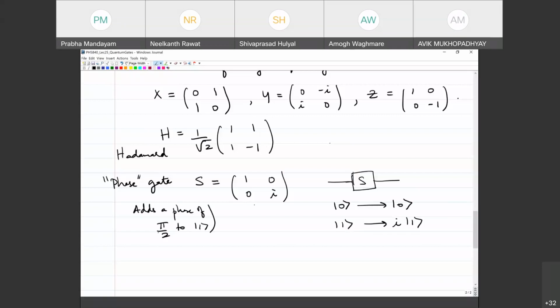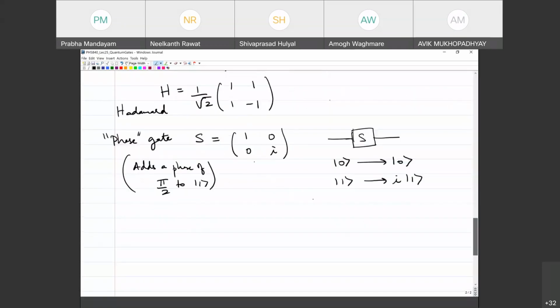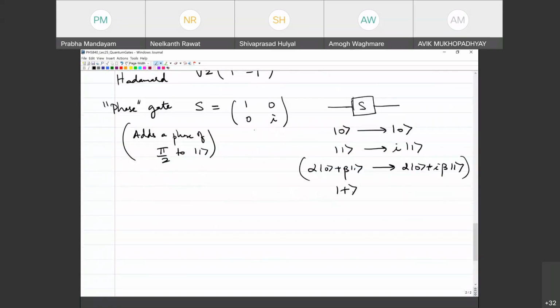And now if I have a superposition of this form, then this is transformed to this, right? So this is the action of this gate. So for example, what does it do to the plus state?